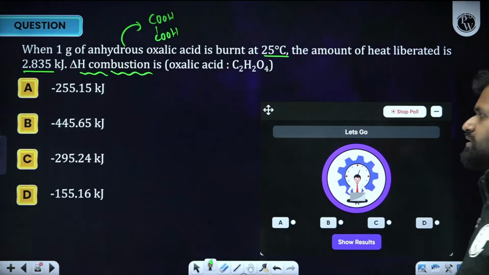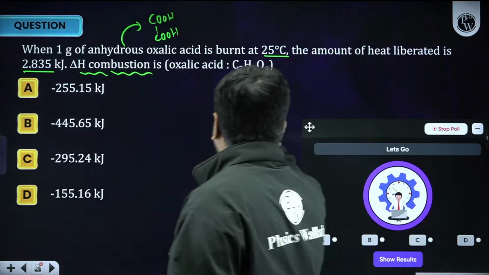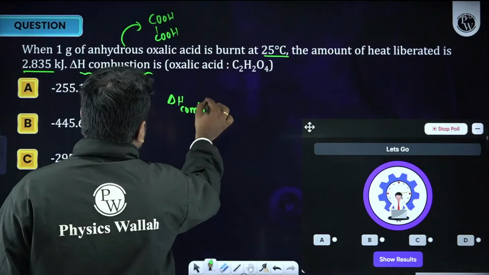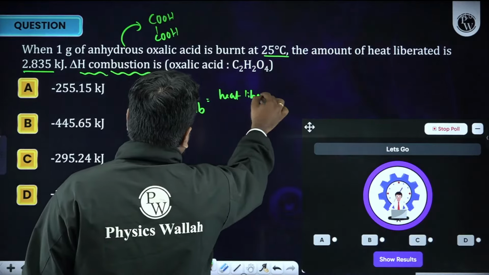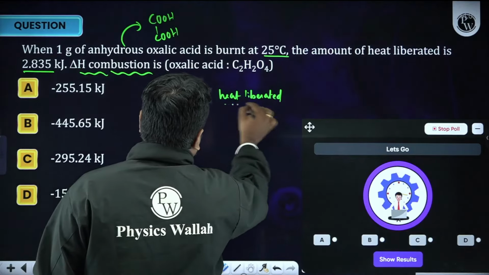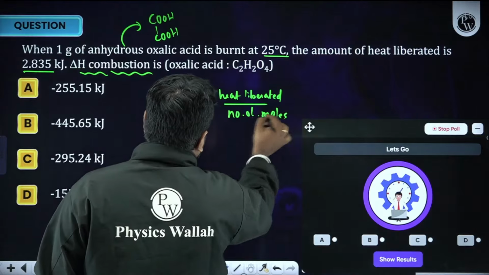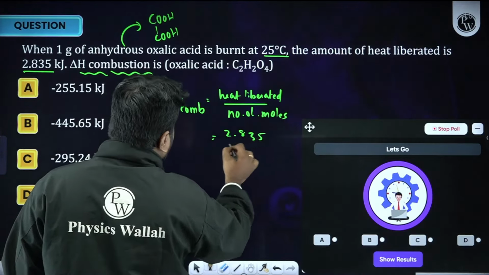What will we be getting? Heat is given, right? So enthalpy of combustion is nothing but heat liberated upon number of moles. How much heat is liberated? 2.835 kilojoule.